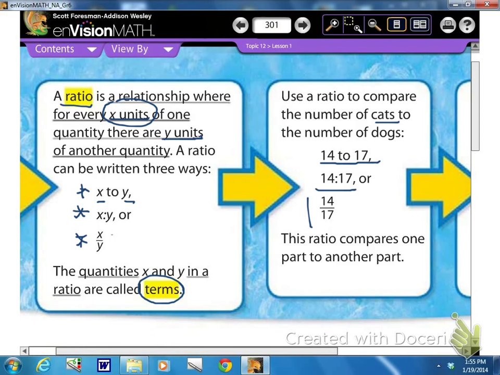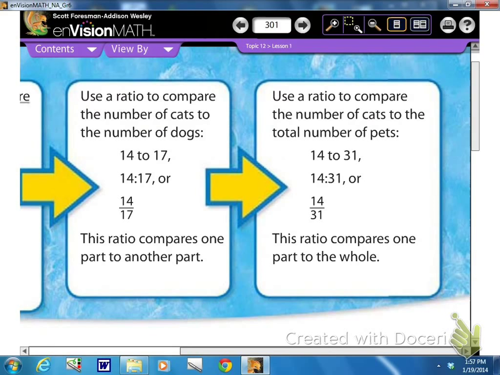So let's look at the next here. So in the first example here, they're comparing cats to dogs, or part of the whole to another part of the whole, because the whole would be all the animals together. The second example here, it says use the ratio to compare the number of cats to the total number of pets, which would be the whole.